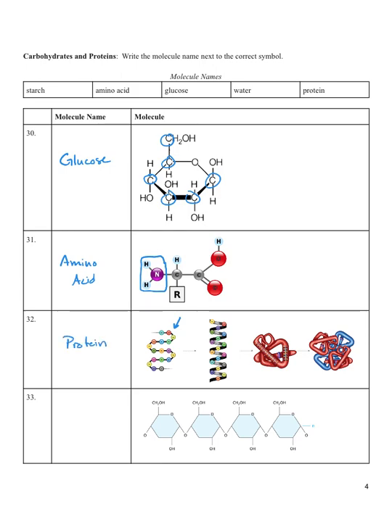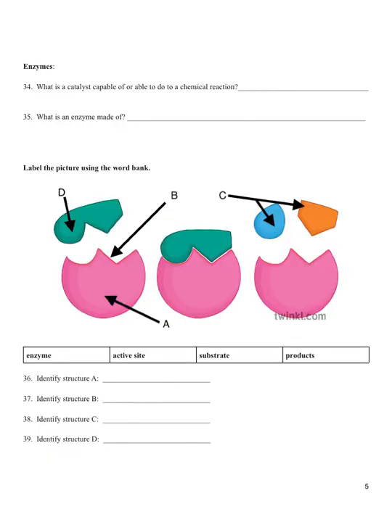Because remember, proteins are made of many amino acids and then folded into very complex shapes. And then number 33 shows a whole bunch of glucose molecules that are all bonded together in a chain. So when you have a long chain of glucose molecules, that is starch.